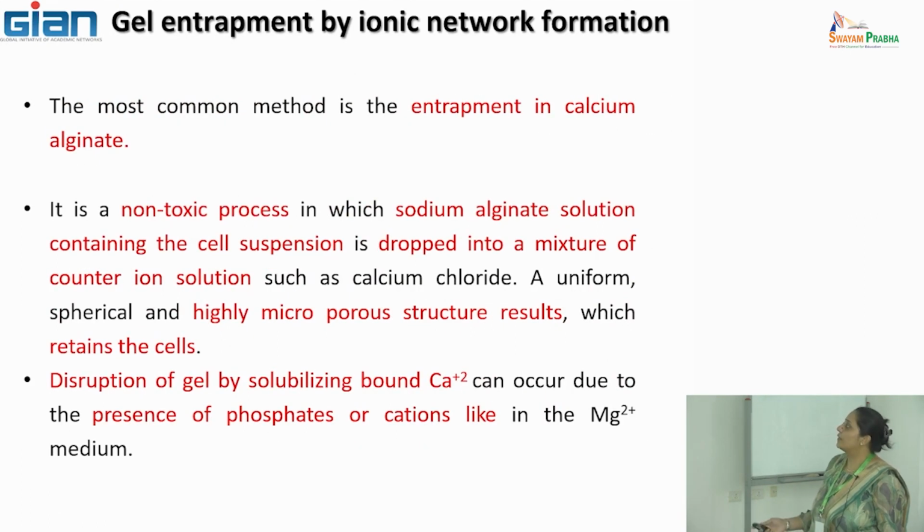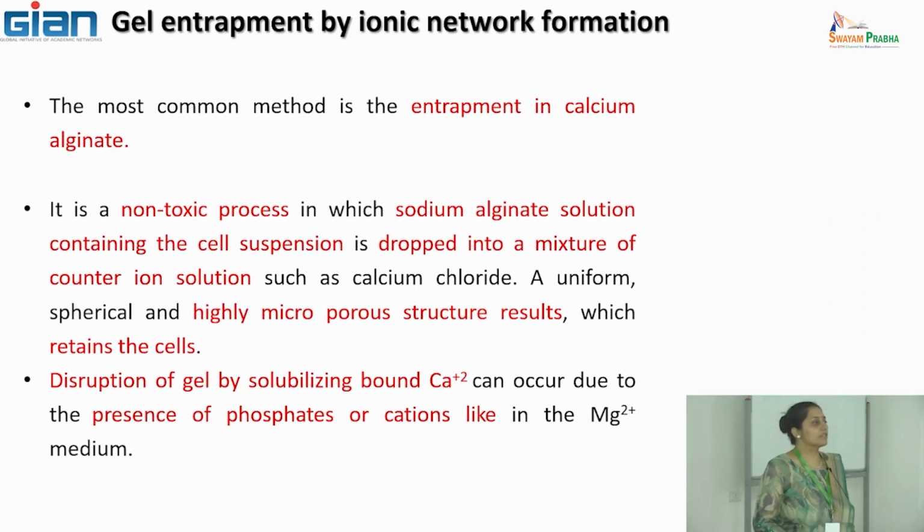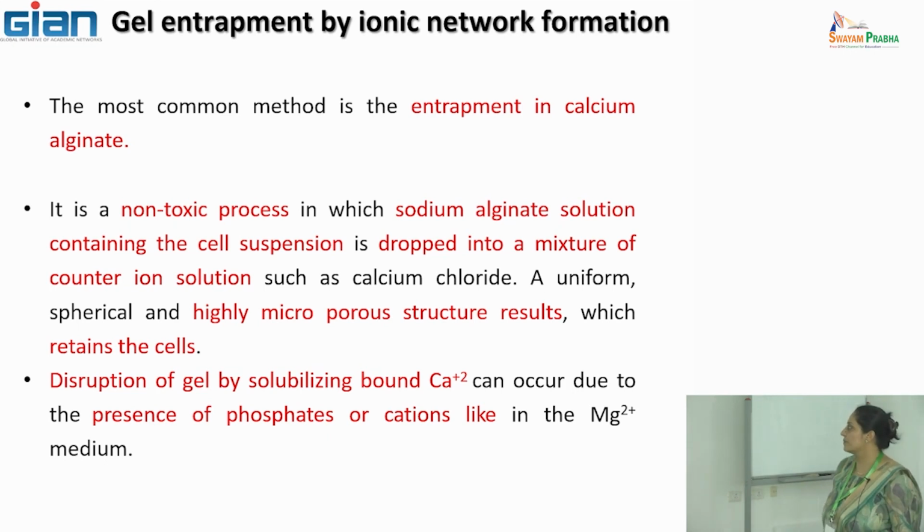Okay, so I'll not get into the details of the process of immobilization. Possibly you can go through yourself how gel entrapment is done, because these techniques are common to microbial fermentations or enzyme immobilizations. All those techniques which are used for immobilizing microbial cells can also be used for plant cells.